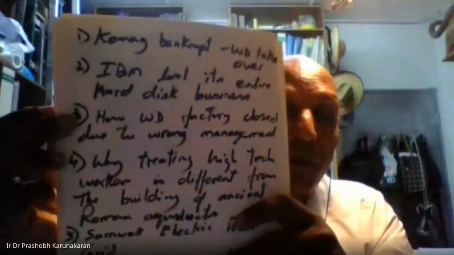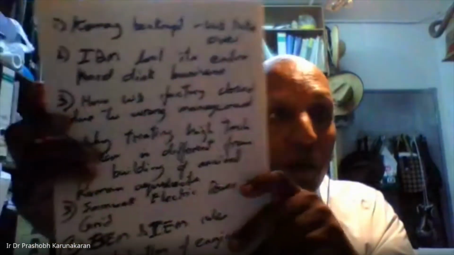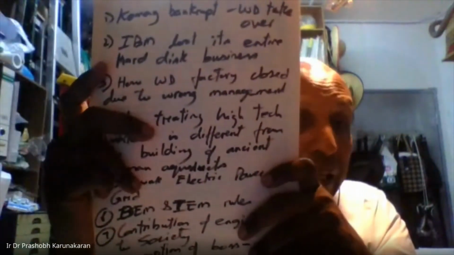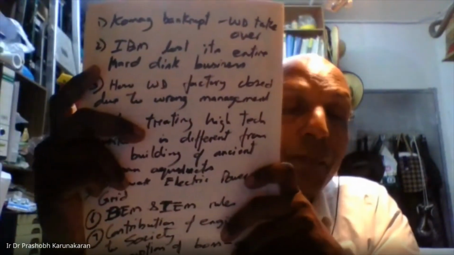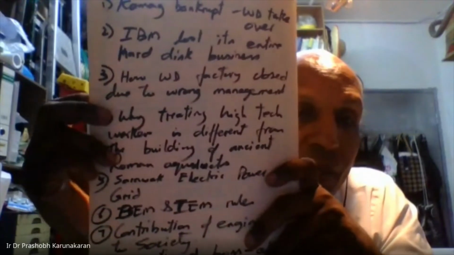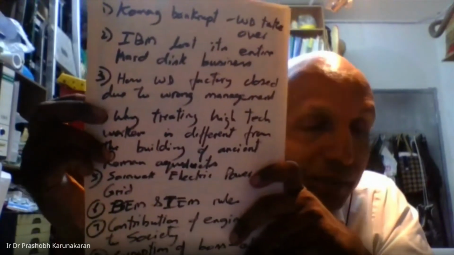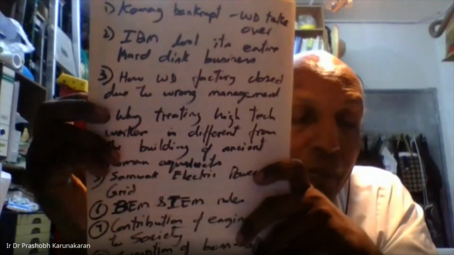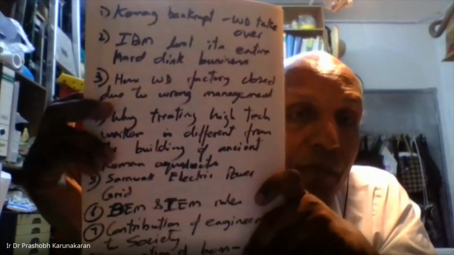And then you must also say why the management in Kuching didn't believe they would be closed, because they are so close to the state government. But you see, why did the Americans close them?